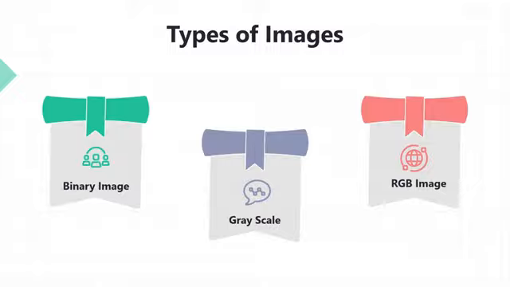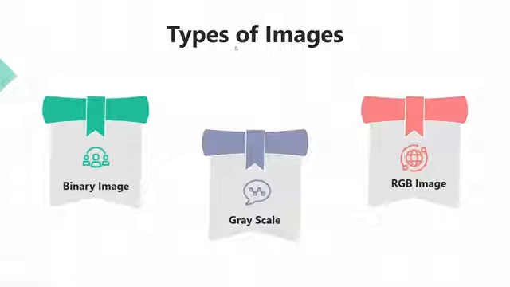That's why red, green, blue are referred to as the basic or primary colors of image processing. That's why we prefer RGB as the name. From RGB, on combination of R plus G, G plus B, or B plus R, we get secondary colors. Like that, we use the combination of these three colors based upon the type of application we are going to do. This is how the types of images are explained here.